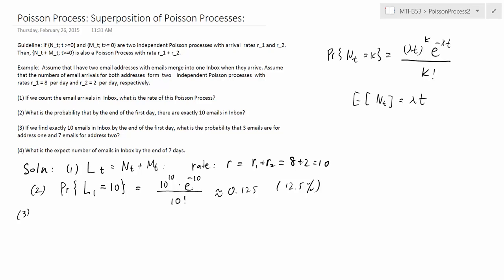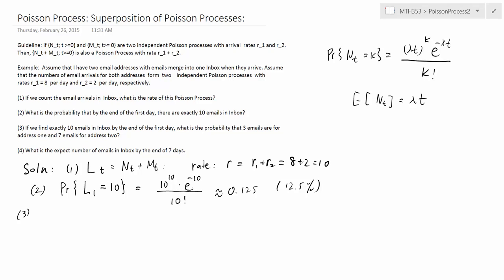So what we are talking about for address 1, the rate we have is 8. And for address 2, the rate is 2. So if we have exactly 10 emails, usually we would expect 8 emails for address 1 and 2 emails for address 2.